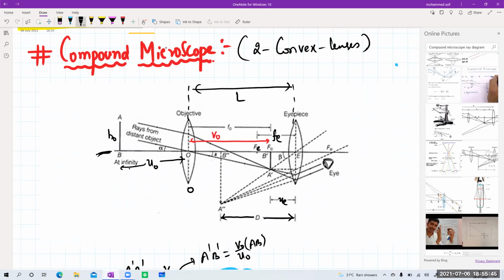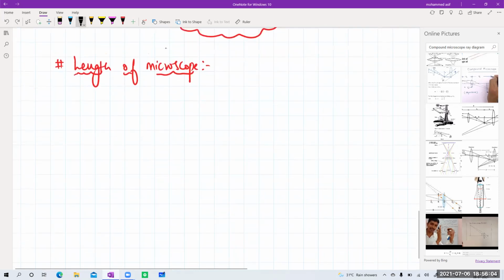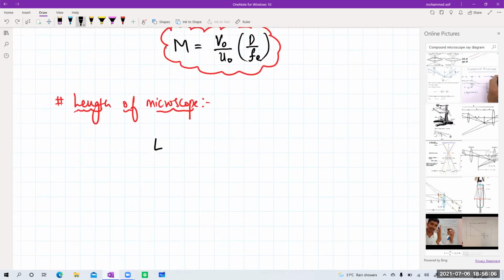That is nothing but capital L. This capital L will be equal to V naught plus UE. Length is always a positive property, so we take it as positive.